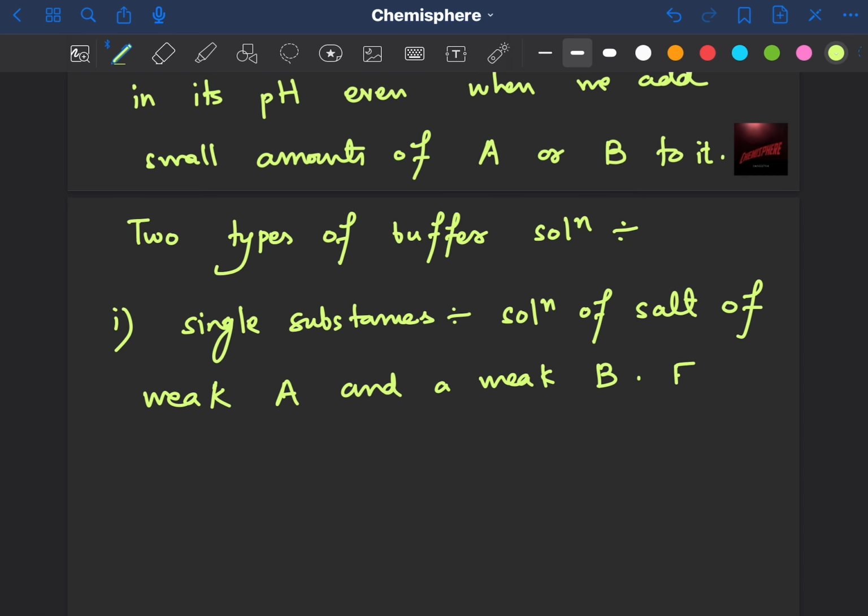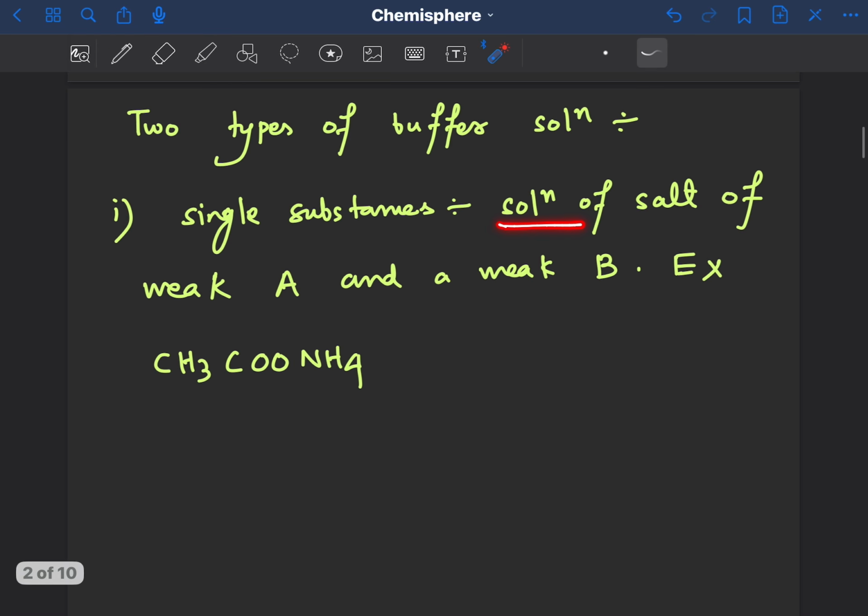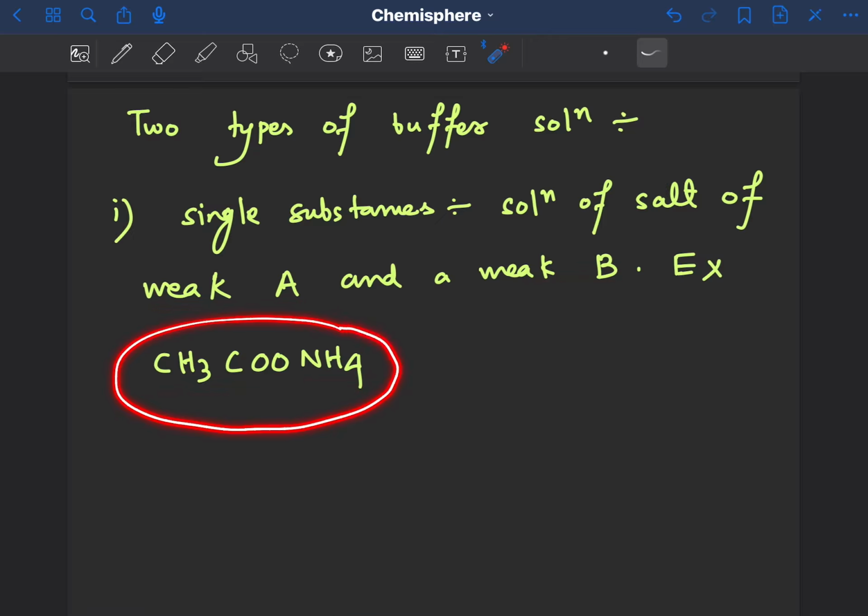For example, CH3COONH4, ammonium acetate. The solution of this salt will act as a buffer. We can see this is a salt of the weak acid CH3COOH and the weak base NH4OH. Therefore the solution of ammonium acetate will act as a buffer solution.